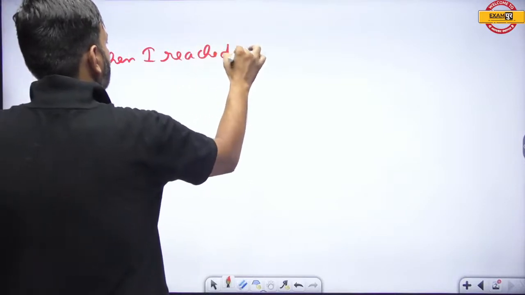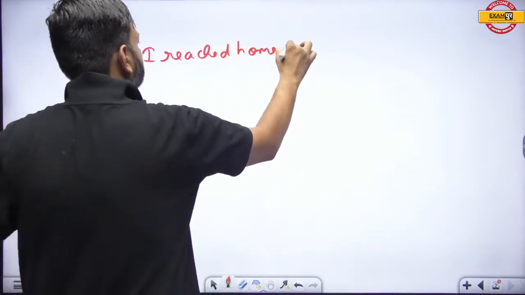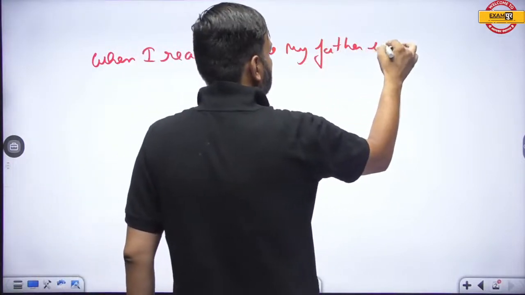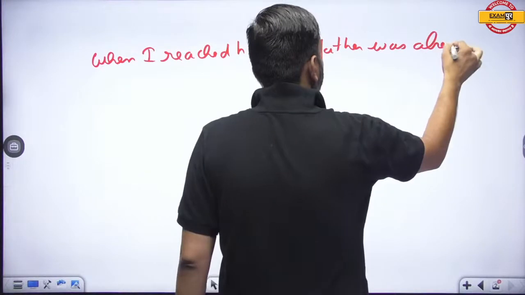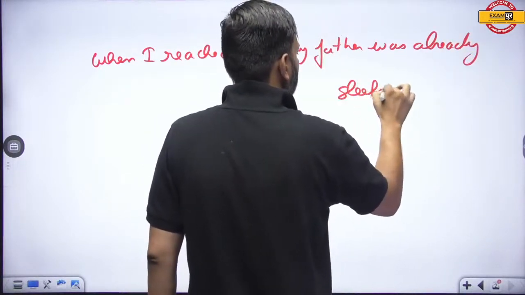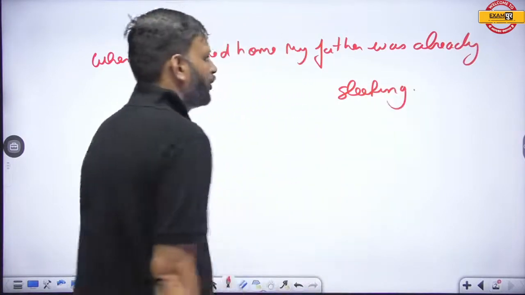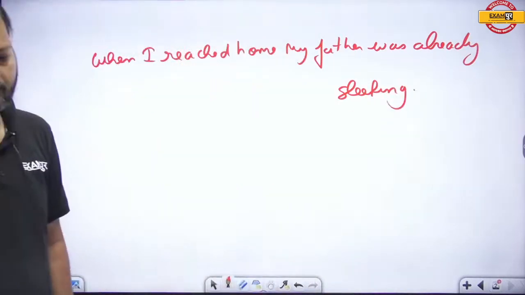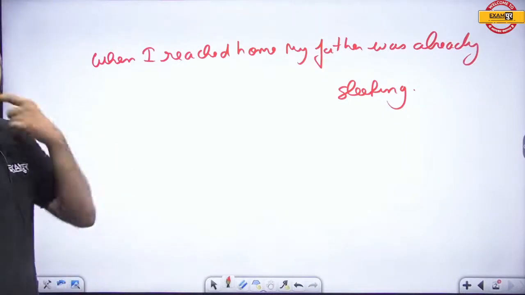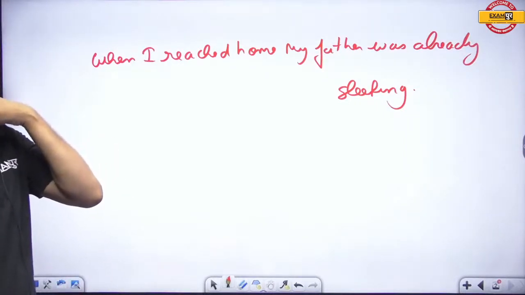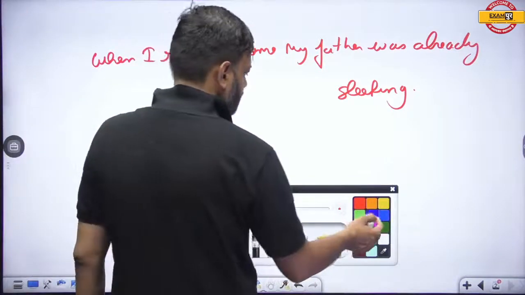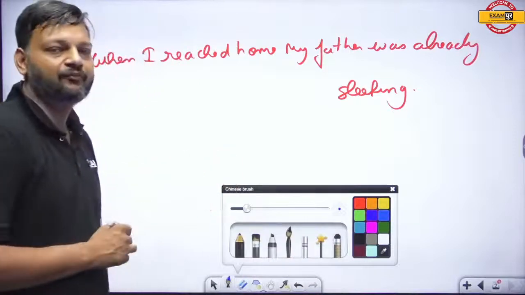When I reached home, my father was already sleeping. Now we have this sentence. In this sentence, there are two events of past.